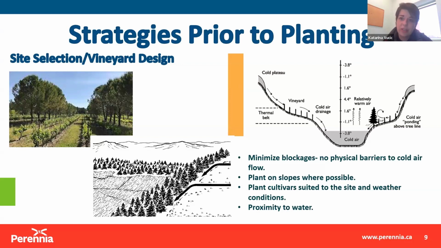So which varieties are we growing? Cultivar selection for certain sites is much more important at this point. So coordinate your cultivar selection with your location, with frost risk, to prevent damage as much as possible.